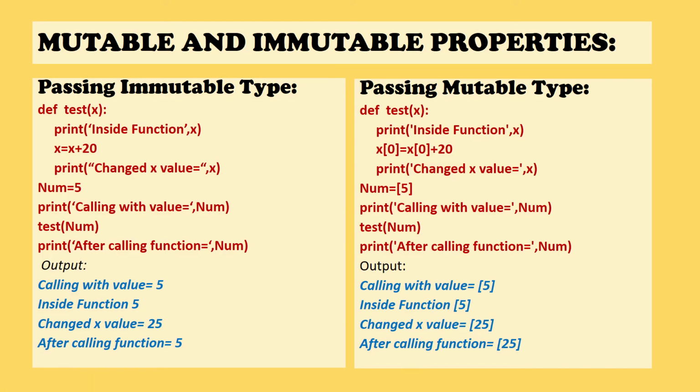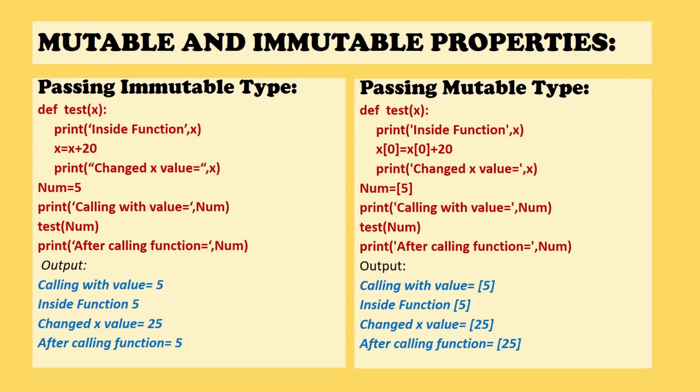The last topic that we are going to understand in functions is the mutable and immutable properties of data passed to a function. Normally in other programming languages we have learned call by value and call by reference.